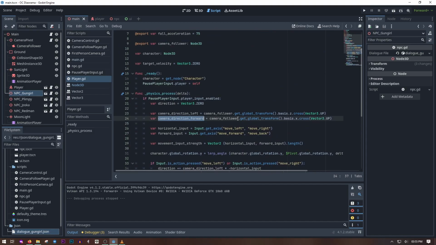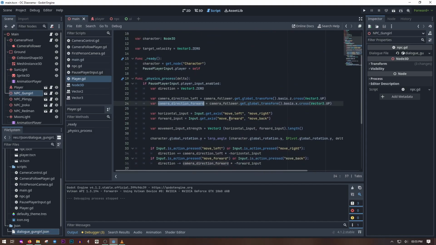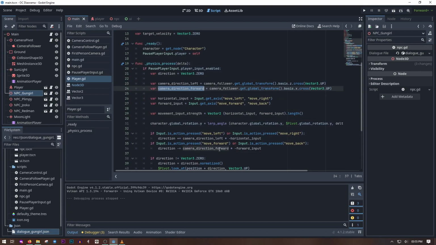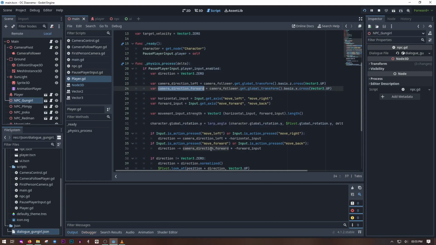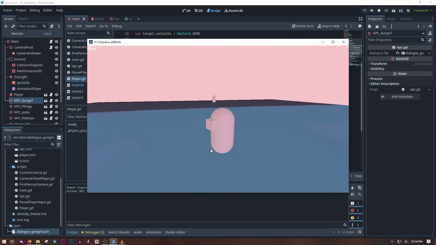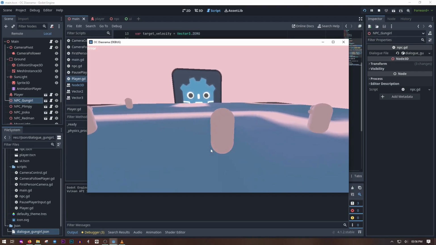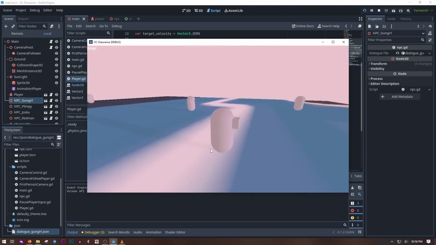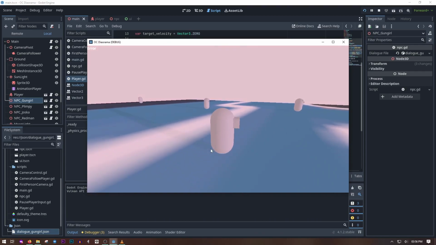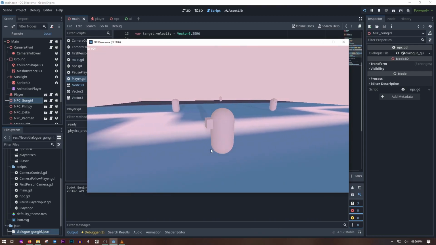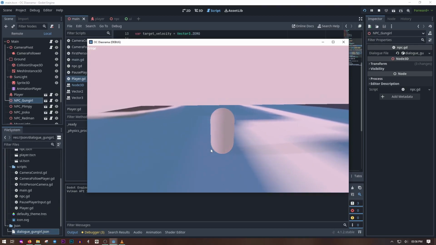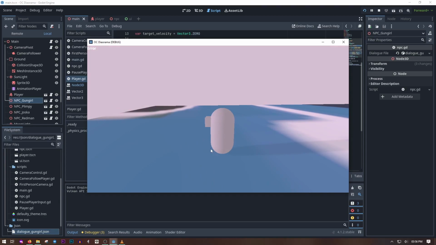The camera direction, camera follower, trying to think. Yeah, before it would just be global positioning. It would not relate to the camera at all. So if the camera is looking this way, I go left, it goes left. If I change the camera and I go left on the left analog stick, it goes left.